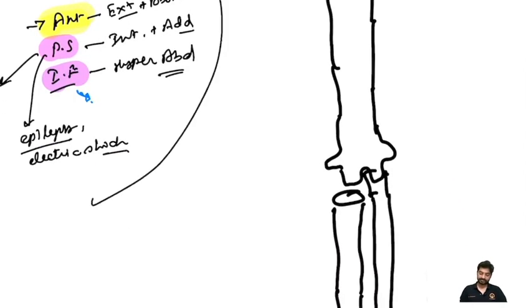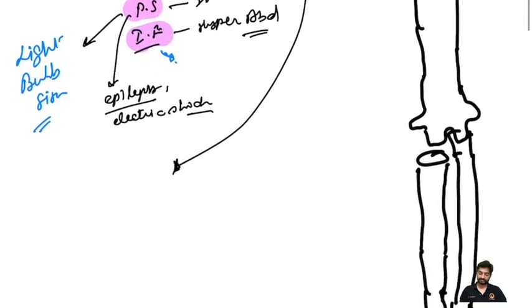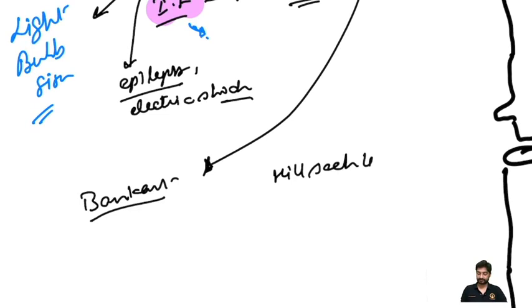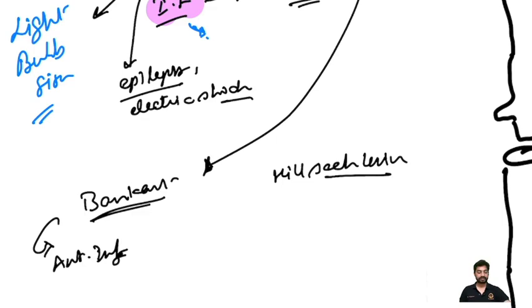As you discuss recurrent dislocation, there are two important concepts: one is the Bankart lesion and the second is the Hill-Sachs lesion. Bankart lesion means a defect in the anteroinferior glenohumeral ligament, the anterior inferior glenoid.